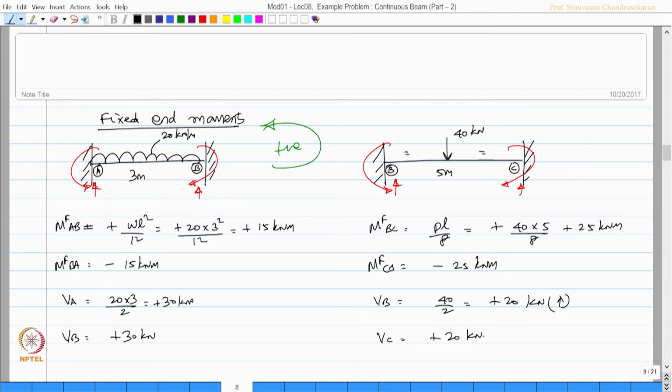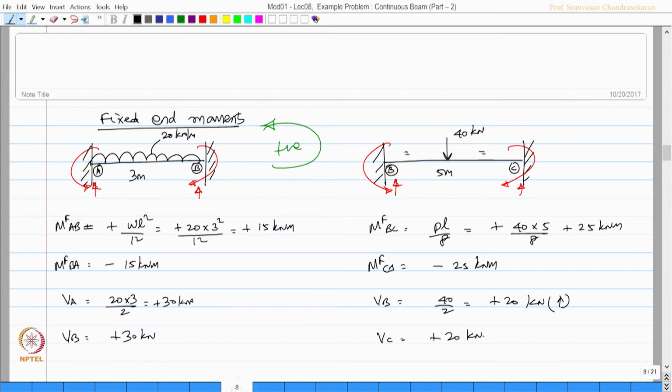These are the fixed end moments. So, the joint loads will be reversed of this. Let us now summarize this. I have two beams AB and BC. The values are, this is 15, this is 15, and this value is 30, this value is 30.